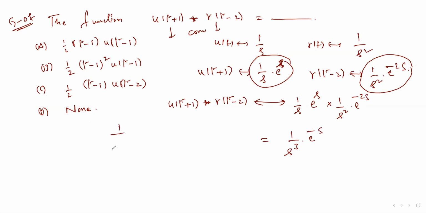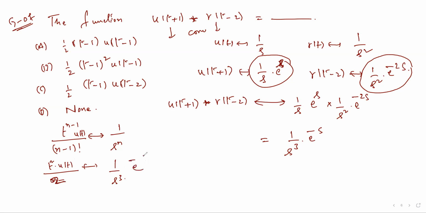I told you 1 by s to the power of n has inverse Laplace transform t to the power of n minus 1 divided by n minus 1 factorial u of t. In that way, 1 by s cube has inverse Laplace transform t square u of t divided by 2 factorial, that is 2.